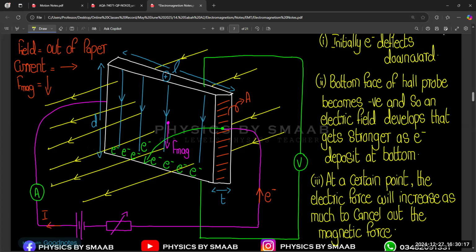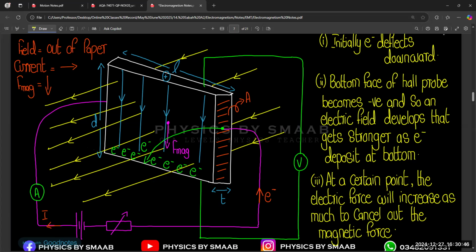So the electric field increases and it becomes equal to, or can cancel out, the force due to the magnetic field, right? Because more and more electrons are moving towards the downward direction. So it will make your electric field stronger, right?